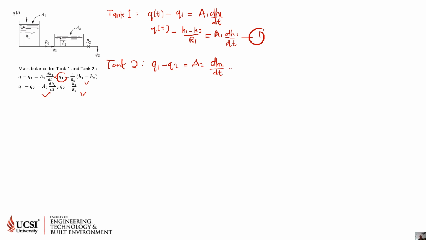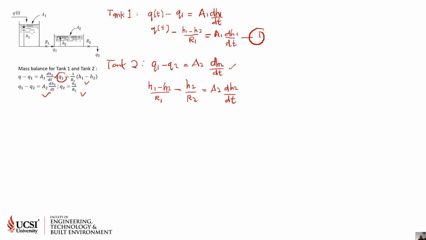It becomes H1 minus H2 over R1. Sorry, this one is not R2, it is R1. Then minus Q2, which is H2 over R2, equals A2 dH2 over dt.